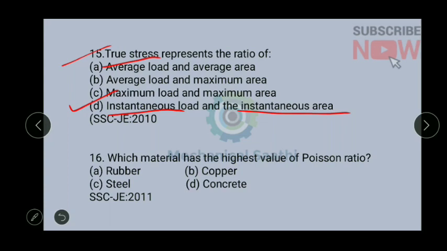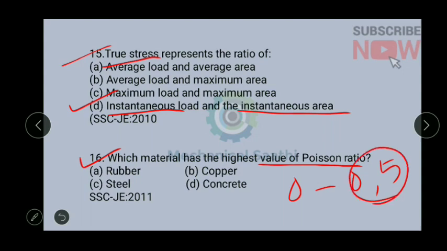Then moving towards question number 16. Which material has the highest value of Poisson's ratio? Poisson's ratio generally varies from 0 to 0.5, and 0.5 is the value of Poisson's ratio for the material rubber. From a layman's point of view, Poisson's ratio is the lateral strain by longitudinal strain.